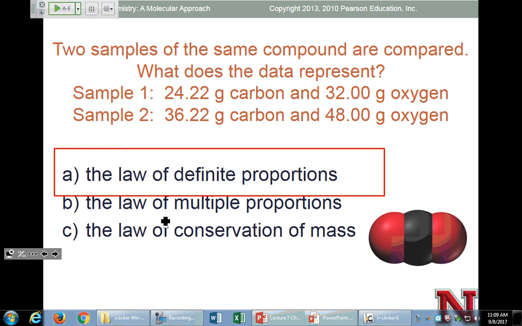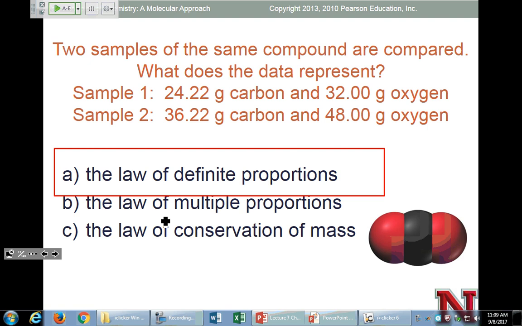So I know you might get confused between the law of definite proportions and the law of multiple proportions. But remember, with definite proportions, we're comparing 2 masses of the same sample, saying that the atoms when compared to each other in a pure sample are going to have the same ratio, no matter how much mass you have. So that's definite.